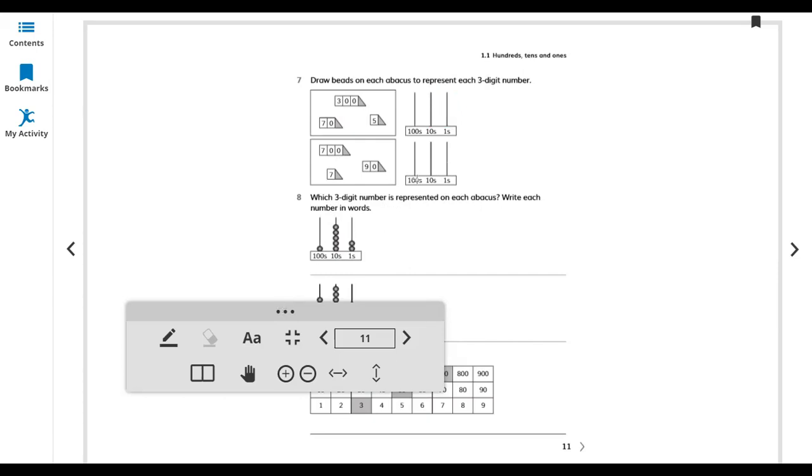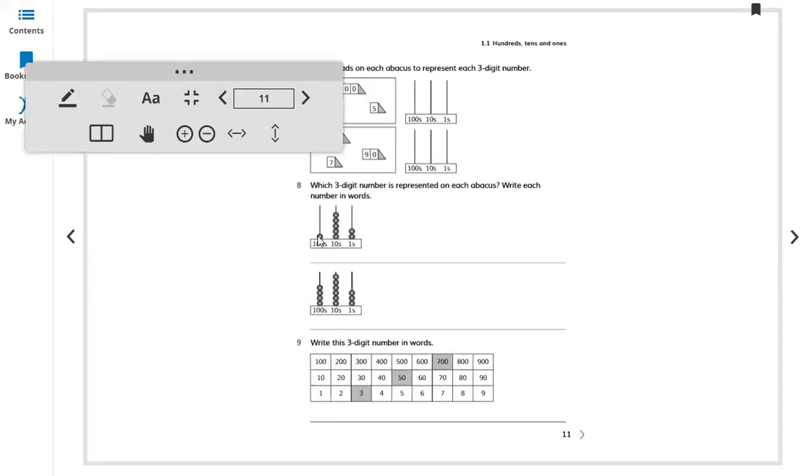So which 3-digit number is represented on each abacus? Write the number in words. So we have here 100, tens, and 1. So we need to write a 3-digit number. So let's write question number 8.